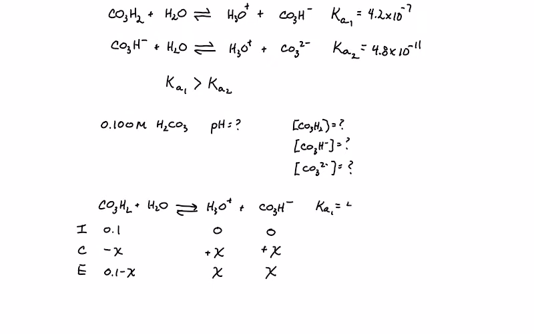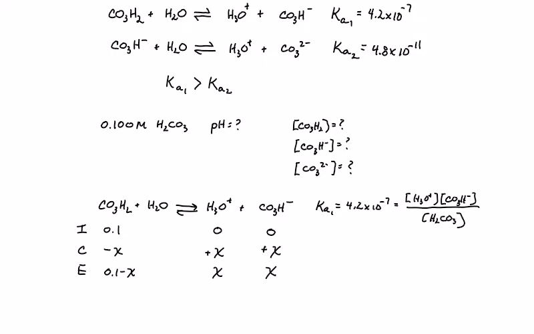We know that for this process, Ka1 equals 4.2 times 10 to the negative 7th, which is going to equal my equilibrium concentration of hydronium times the concentration of bicarbonate divided by the concentration of carbonic acid.